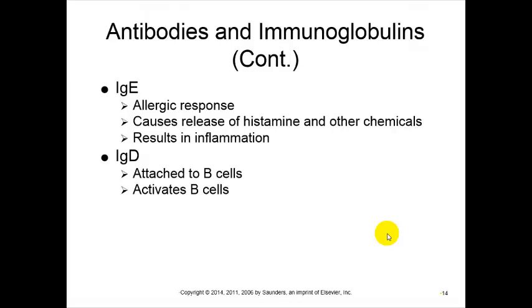So that's IgE. And then we have IgD, which is attached to B cells. So the IgD is on the B cell so that it can activate B cells to produce even more antibodies and become those plasma cells.